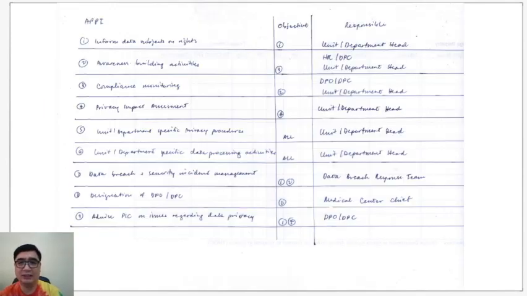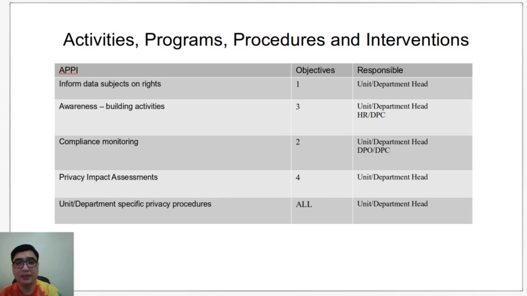So this slide shows the same APPI, and they are linked to the objectives. So some APPIs are linked to 1 objective or 2 objectives, or even all objectives. And then after that, you would be able to identify who is responsible for the specific activities, projects, procedures, and interventions. So this is a clearer table of the APPIs, as well as the link for the objectives and who is responsible.